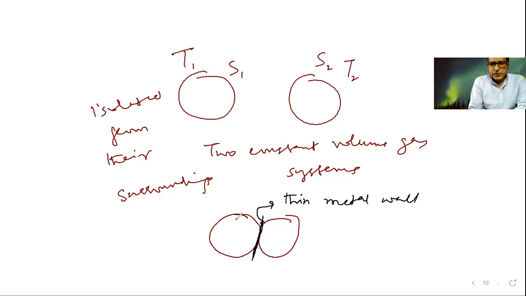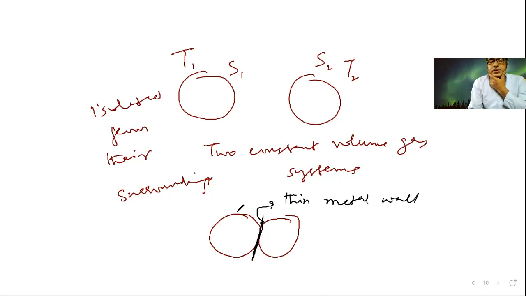The temperatures and pressures of both these systems will change because they were previously at different temperatures. The pressure of one gas will increase, the pressure of the other gas will decrease. Since they are constant volume gas systems, pressure increase will indicate temperature increase.